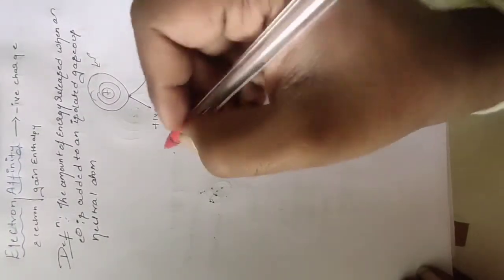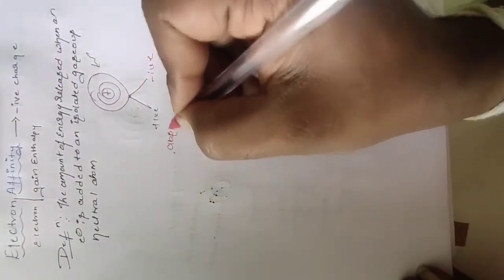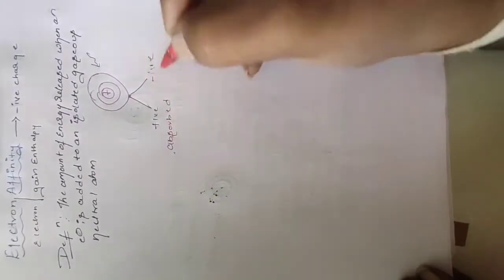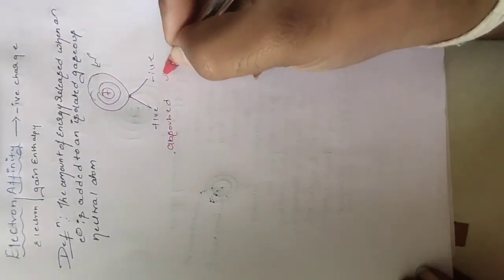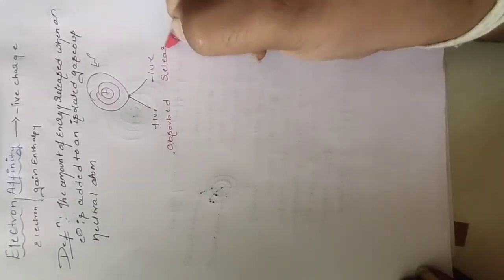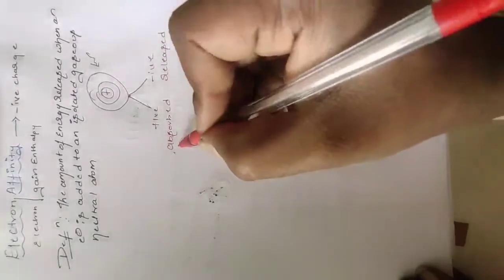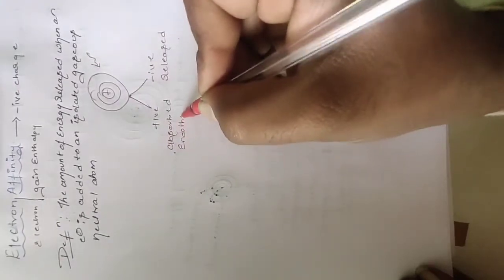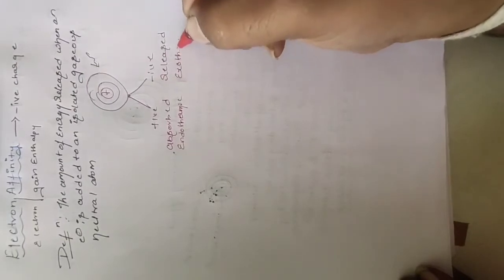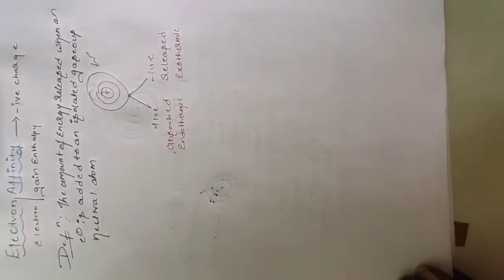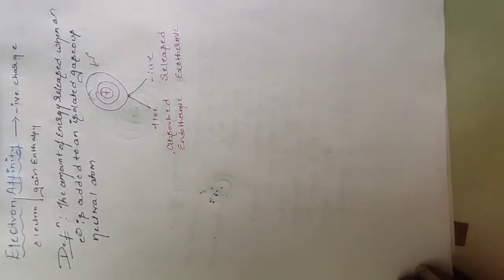Positive means energy is being absorbed, which is endothermic. Negative means energy is released, which is exothermic. For that reason I said electron affinity is negative, because energy is released.